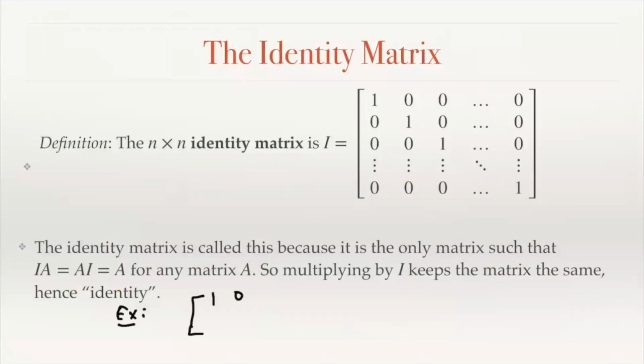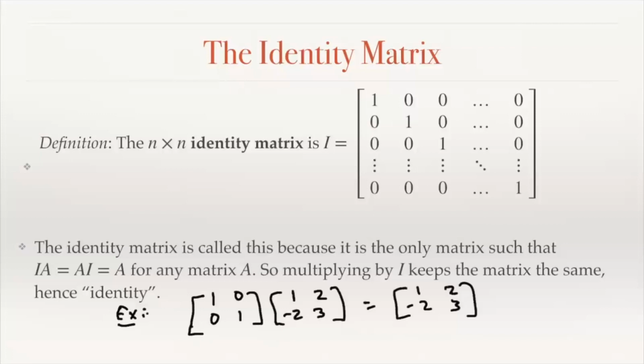So for example, if we take the 2x2 identity matrix and multiply it by a matrix, you can compute that the result is the same. IA equals A, because when we tilt and sprinkle, we just end up recovering each of the 2 columns.